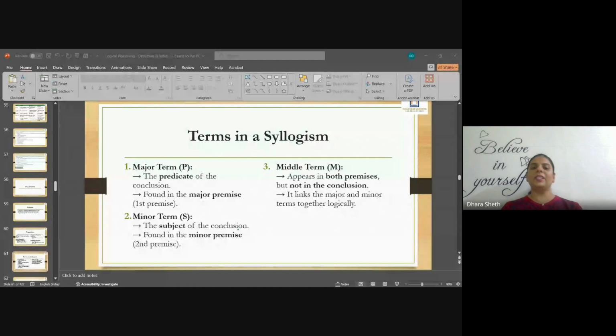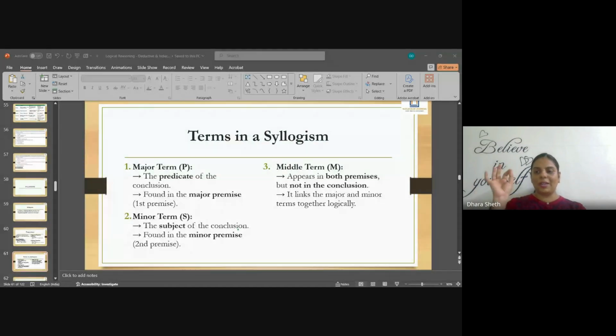Second, minor term or S. It is the subject of conclusion. It is found in the minor premise. It could be the subject or the predicate. Major term is found in the major premise and is predicate of conclusion.